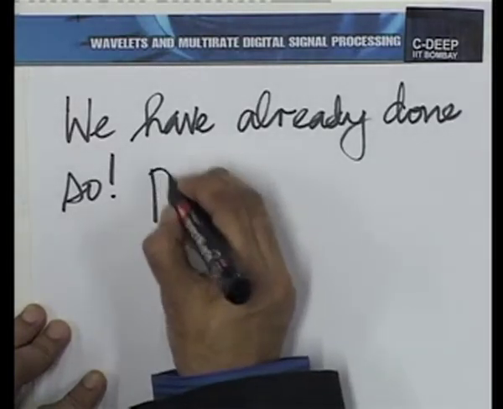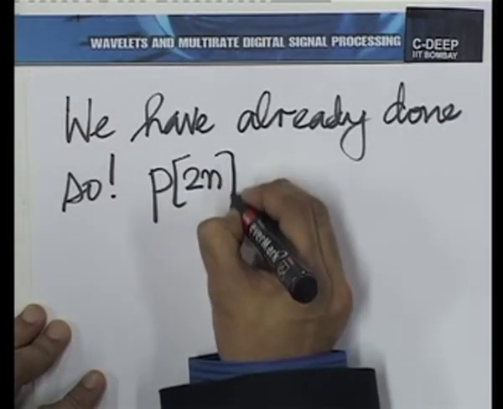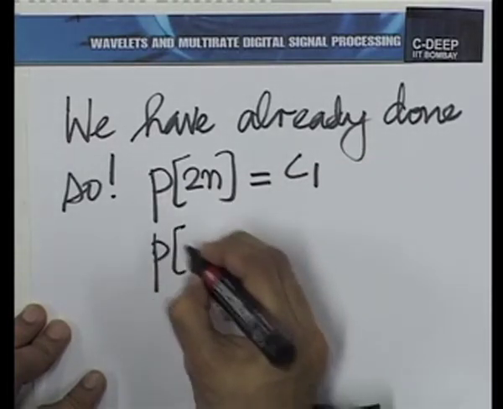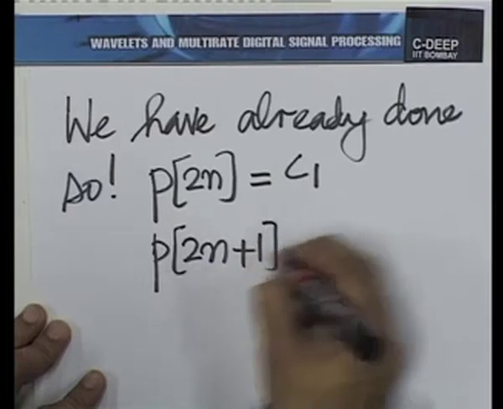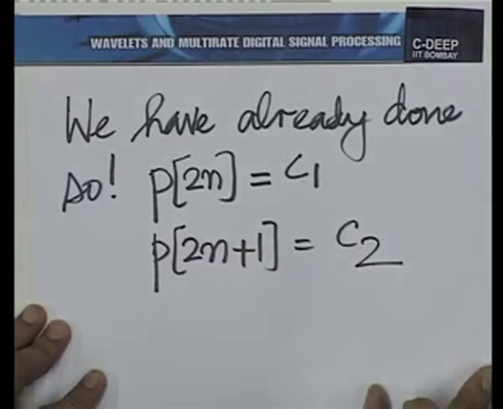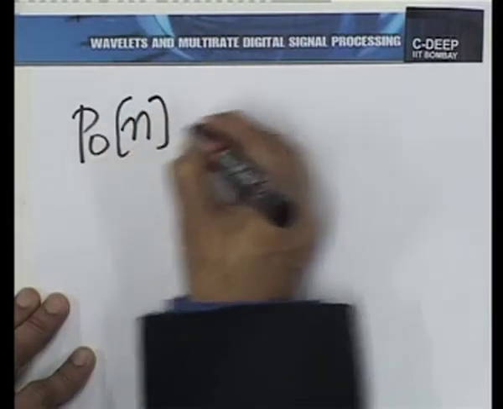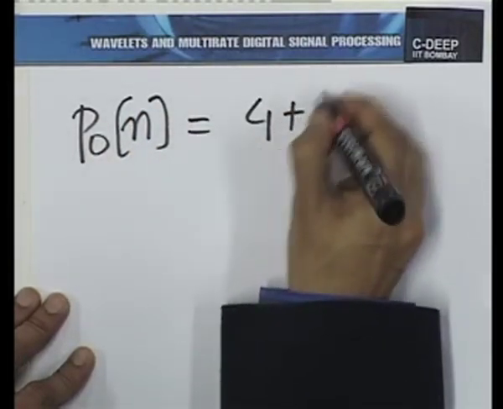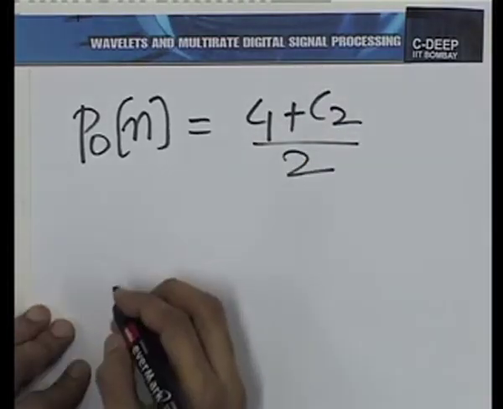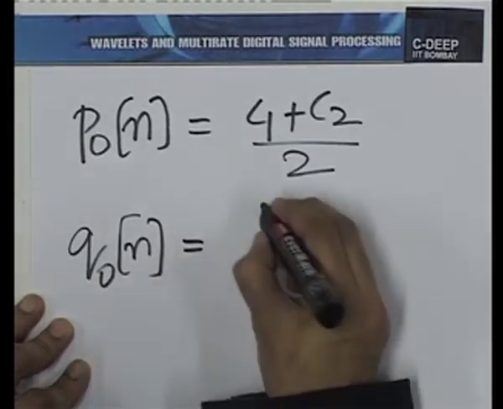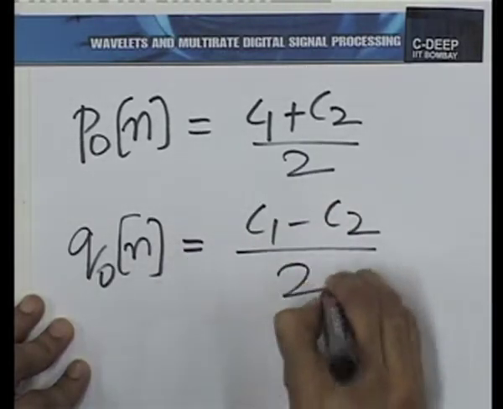What have we said? We have said P at 2n is C1, P at 2n plus 1 is C2, P0 at n is C1 plus C2 by 2, and Q0 at n is C1 minus C2 by 2.